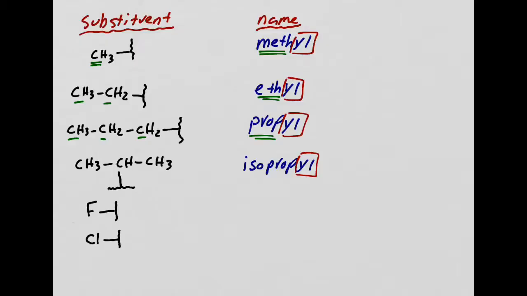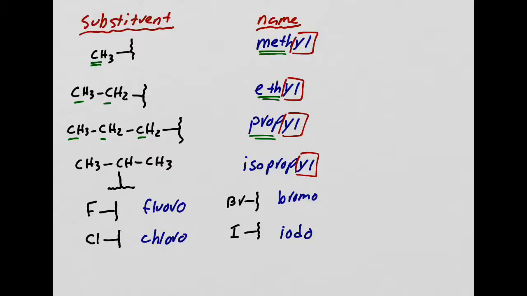If I have a fluorine, I call it fluoro. So there's no YL. If I have a chlorine, I call it chloro. Other halogens, yes, I can have a Br as a substituent. I could have an iodine as a substituent. So I would call it a bromo, and I would call it an iodo.